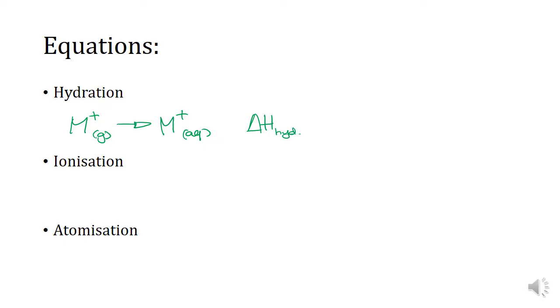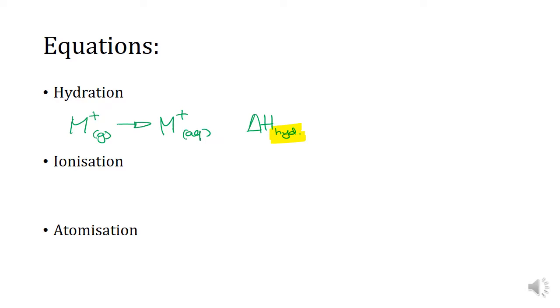Now, when you're looking at these in general, what you need to be looking at is, what is my annotation on the delta H?